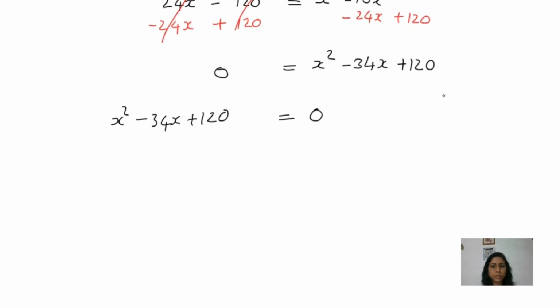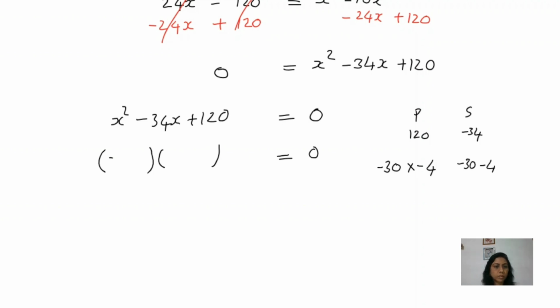So what is the product here? Product is 120 and sum is negative 34. Negative 30 times negative 4 is positive 120, and negative 30 plus negative 4 gives negative 34. It means we got two numbers, minus 30 and minus 4.